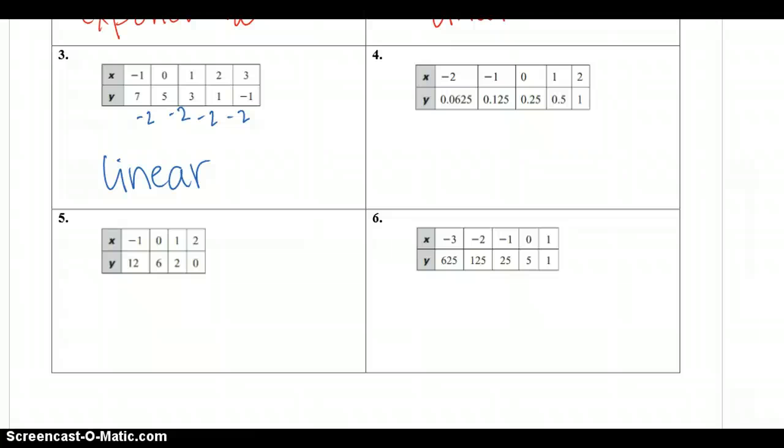We could try the first and second difference, but how do you get from 0.5 to 1? You could add 0.5 or times by 2, all right? What about from 0.25 to 0.5? We could add 0.25 or we could times by 2, but it looks like we could maybe times by 2 each time. So double check with the first one.